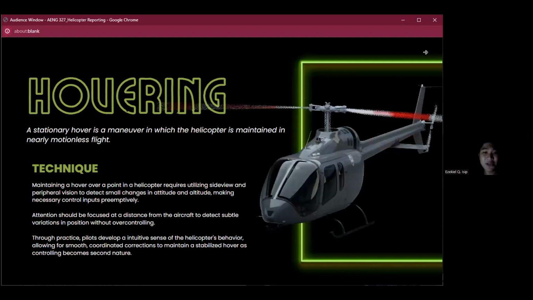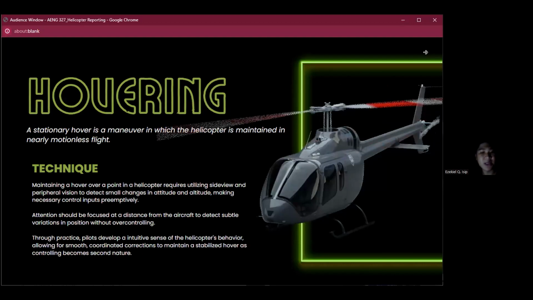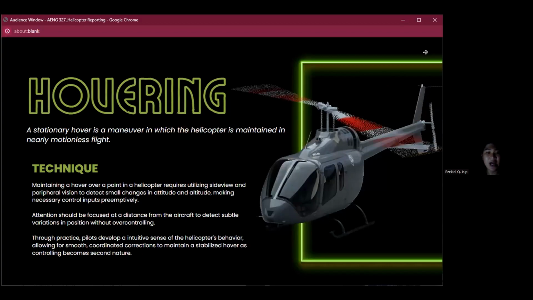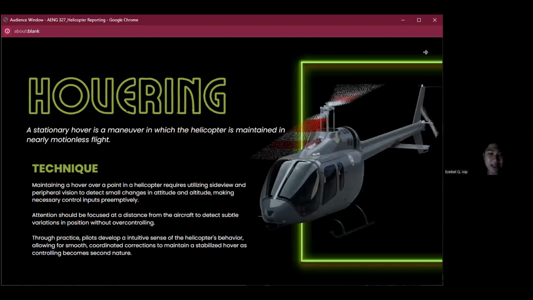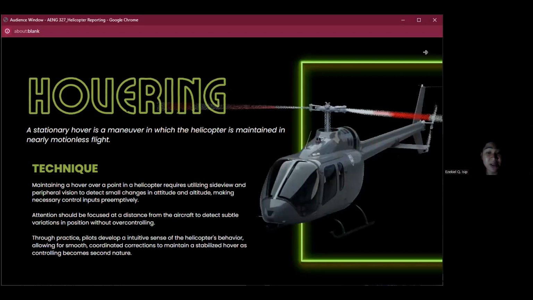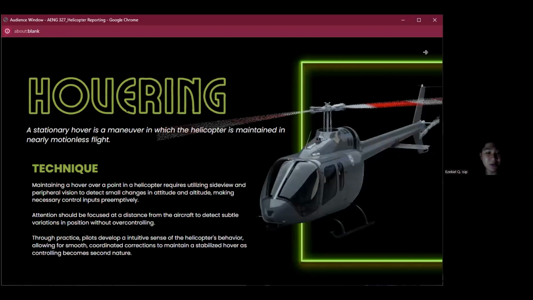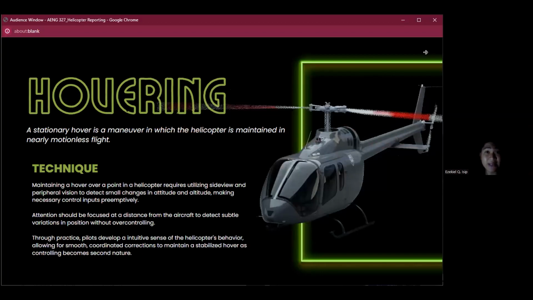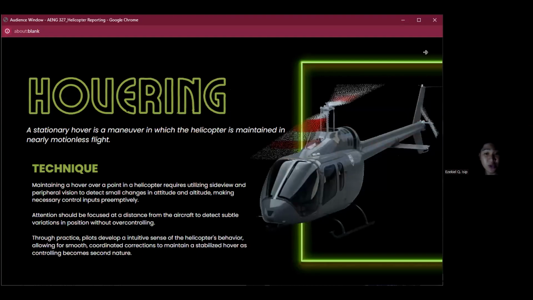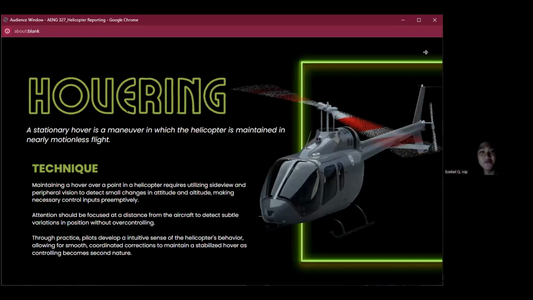Through practice, pilots develop a certain feel or an intuitive sense of the helicopter's behavior, allowing for smooth, coordinated corrections to maintain a stabilized hover as controlling becomes second nature. And based on their flying experience, small deviations can be felt and seen by pilots, so they can make the corrections even before the helicopter actually moves.